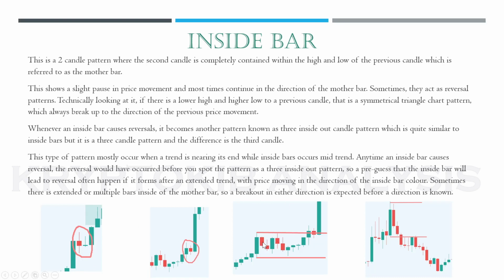Here is an extended inside bar where we have multiple bars inside of this single bar, and here was the breakout. It also offered a continuation pattern. Here we have this green bullish move, which is a single candle, then the next candle being an inside bar to it. Probably we would have expected it to go up or go down if it were to be a three inside down, which is also a three inside out candle formation.